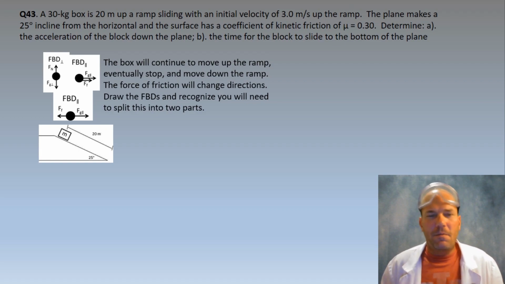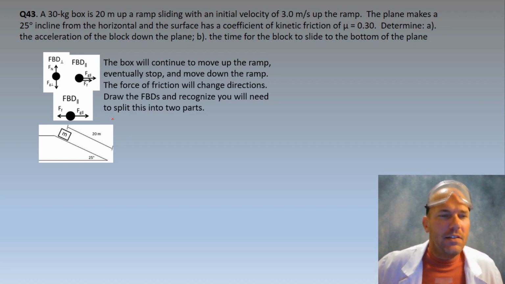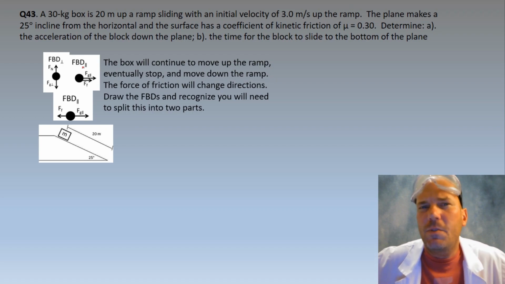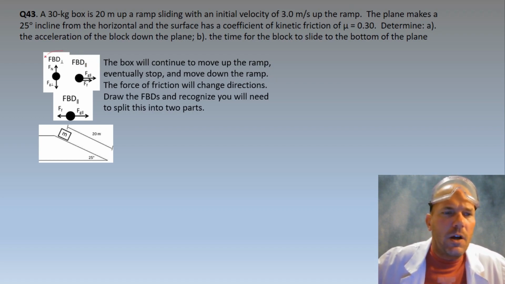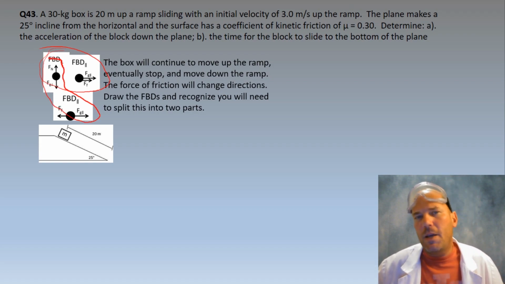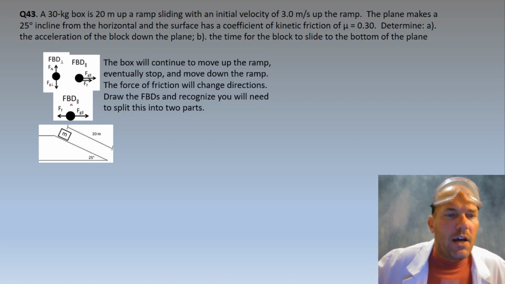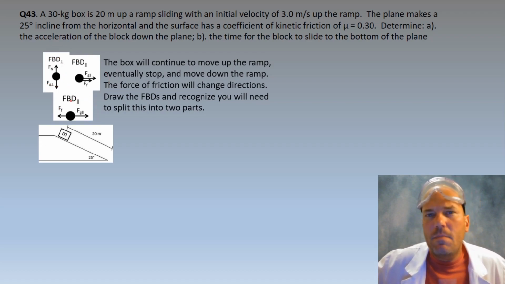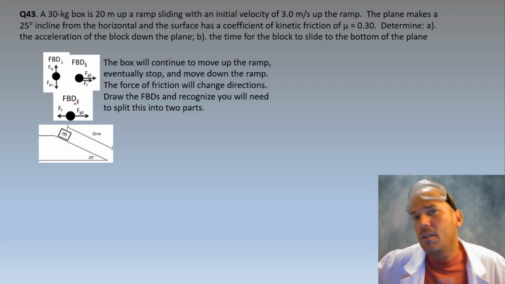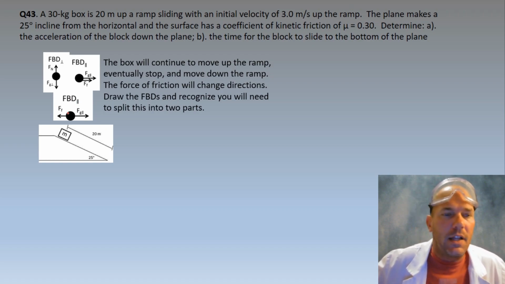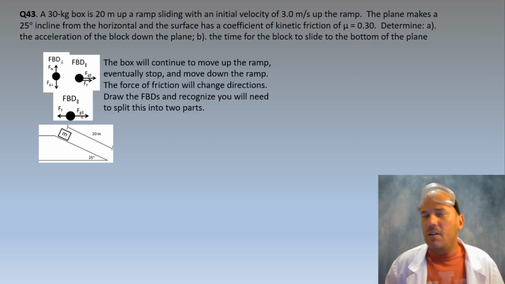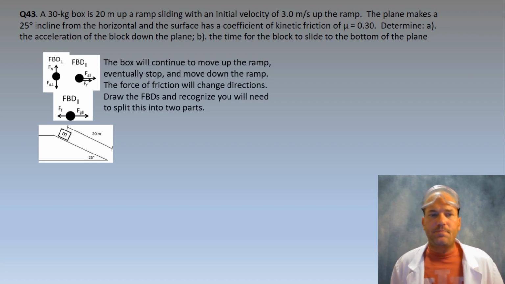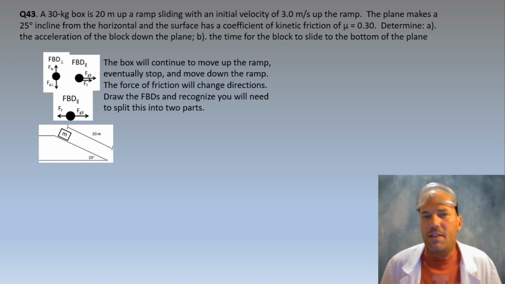Okay, if we look at the next, there's 3 free body diagrams because we're going to really have to break this up into 2 parts. So these first 2 apply to part 1, and then these 2 will apply to part 2. So when the object stops and accelerates down in parallel to the incline, friction will change direction, and the force of gravity parallel is always going to be down the incline.